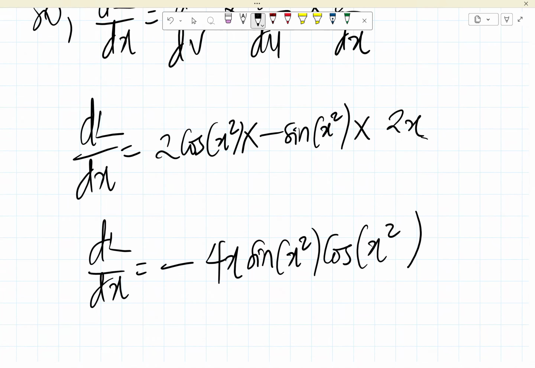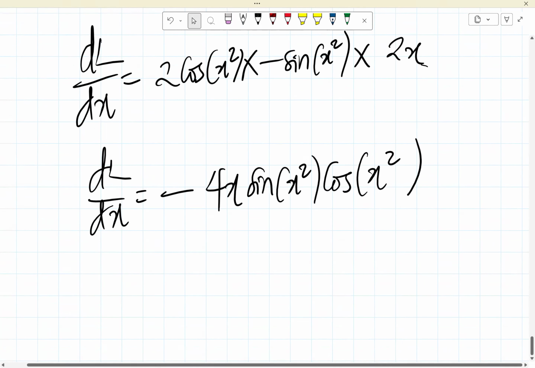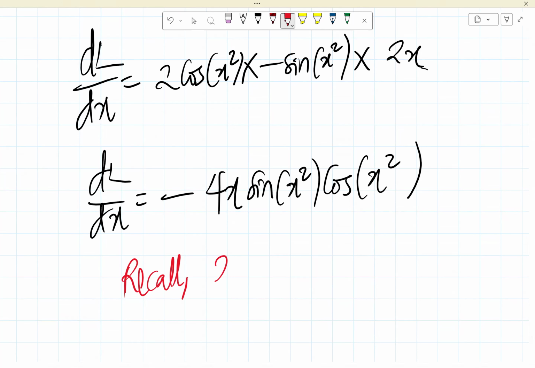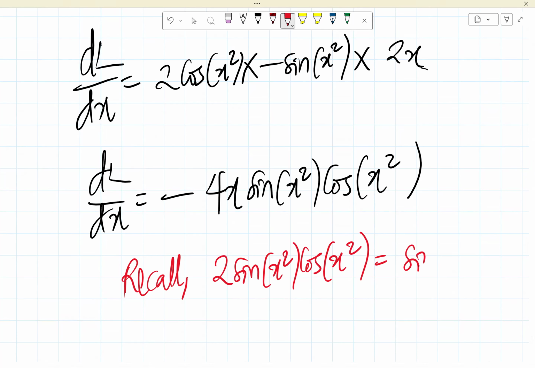So we have minus 4x sine x squared cos x squared. Recall from your trigonometry that 2 sine x squared cos x squared is equal to sine 2x squared.